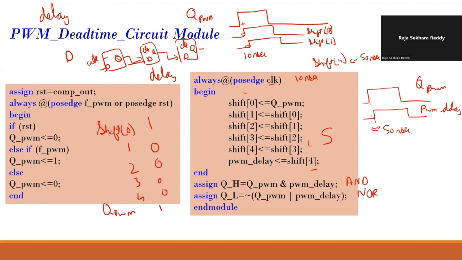When you give the next edge, QPWM's value will come to shift 0, so 1 will come here, and this shift 0 value will come to shift 1, so 1 will come here, with 0, 0, 0 after. This is how it changes. Each value moves to the next stage, and it goes on like that. Instead of swapping, we are directly shifting it, and it all happens simultaneously.